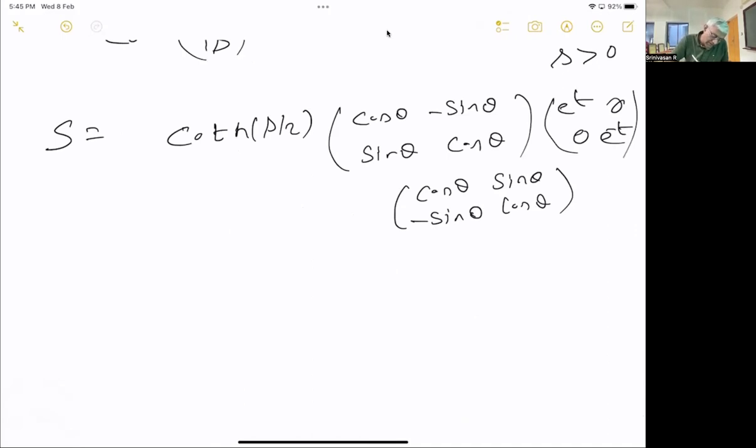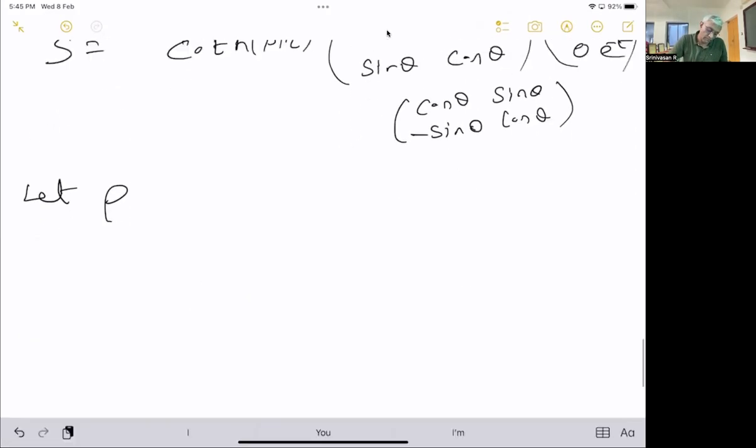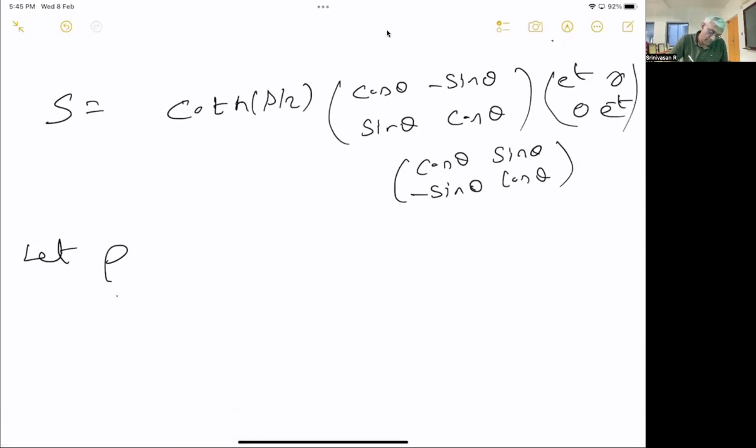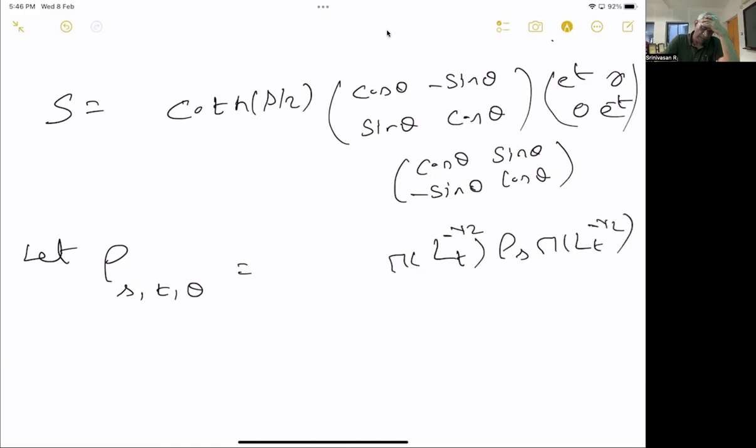so you define rho s theta, rho s t theta, equal to gamma of L power minus half, let me tell you, LT minus half rho s gamma of LT minus half.